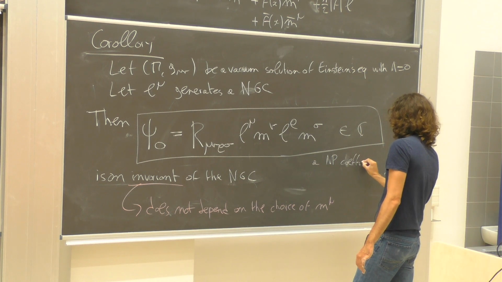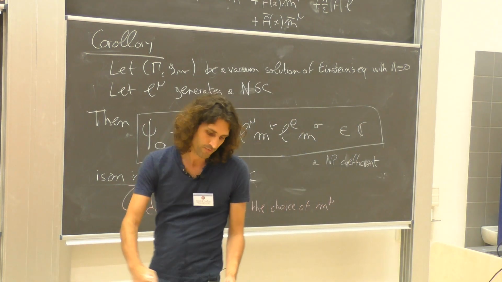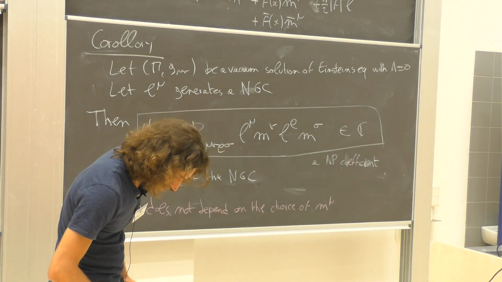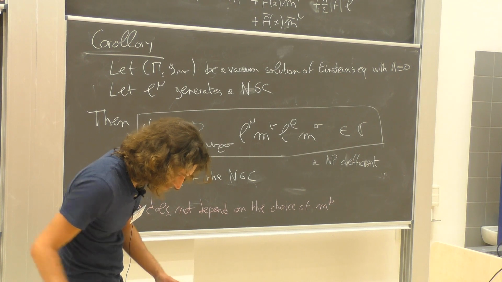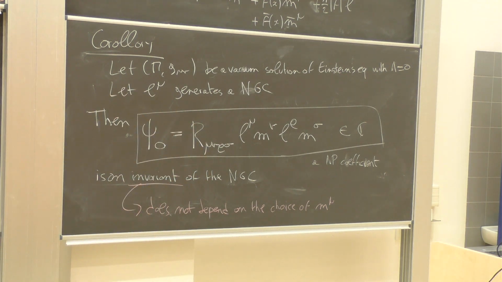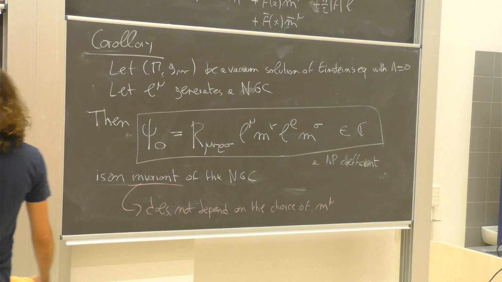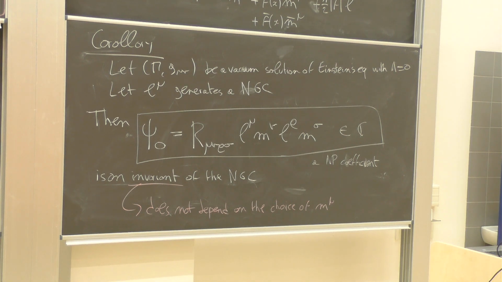It is an invariant property of this null geodesic congruence. There are many similar games you can play to construct invariant objects related to a null geodesic congruence. Let me write a bunch of them here.